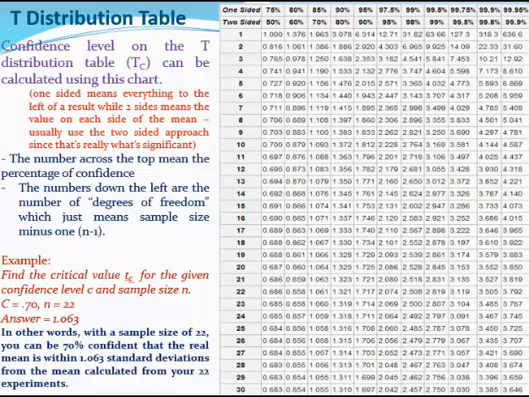So that means, based on my 22 samples, there's a 70% chance that the real mean, the real average, is going to be within 1.063 standard deviations of the mean that I figured out.